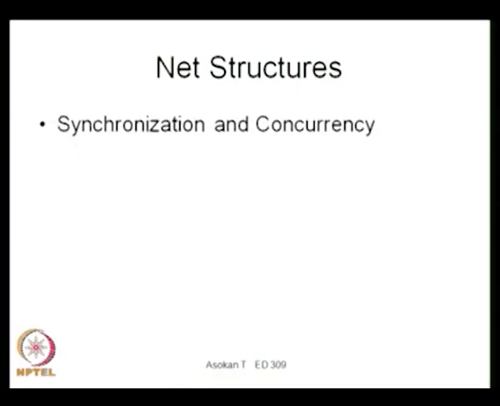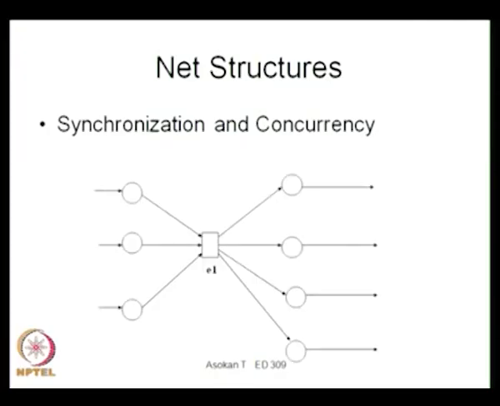Then the next one is the concurrency. Synchronization we saw, and synchronization and concurrency also can be introduced through structures. So this is the synchronization and concurrency structure. This actually shows the synchronization: E1 will synchronize with the happening of all the 3, and for the concurrency, when the event is activated, all these will concurrently start, all these having places.